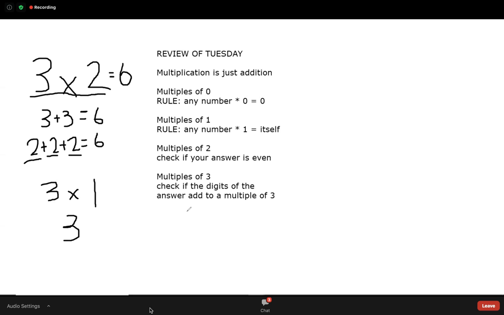Okay, so for our last one, let's do 412. Is 412 a multiple of 3? Yes or no? Let me know in the chat.